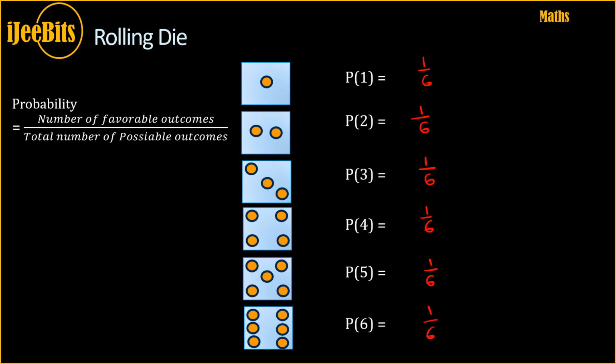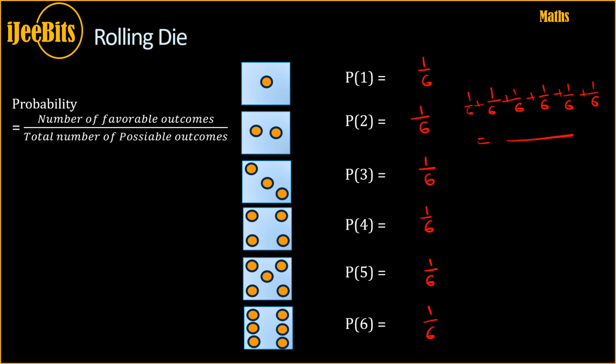Right? If you add them all, 1 by 6 plus 1 by 6 plus 1 by 6 plus 1 by 6 plus 1 by 6 plus 1 by 6, what happens?